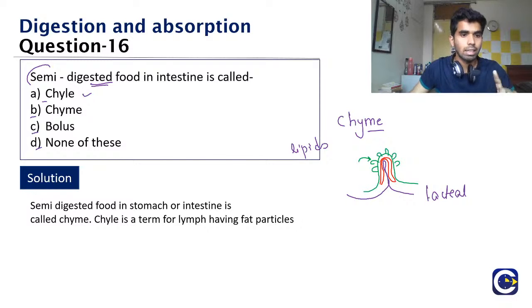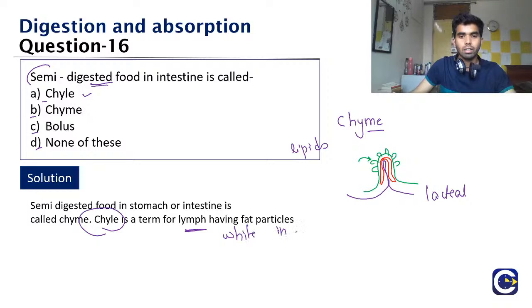In this the absorbed fat particles are present in the lymph, and that is known as chyle. It is white in color.